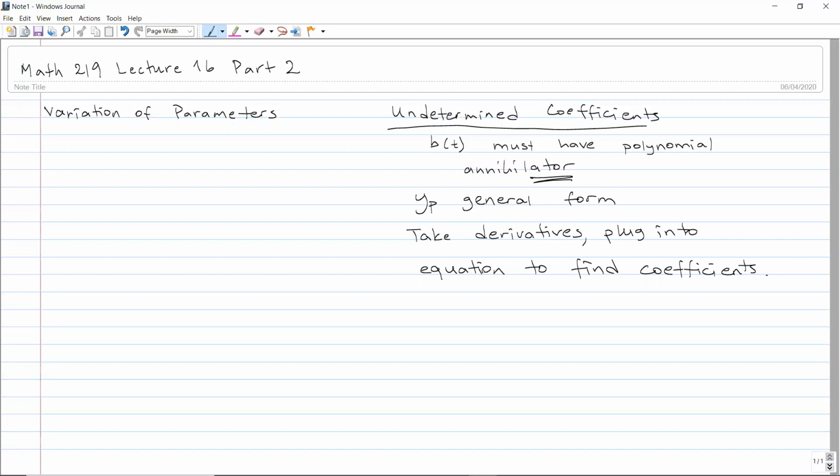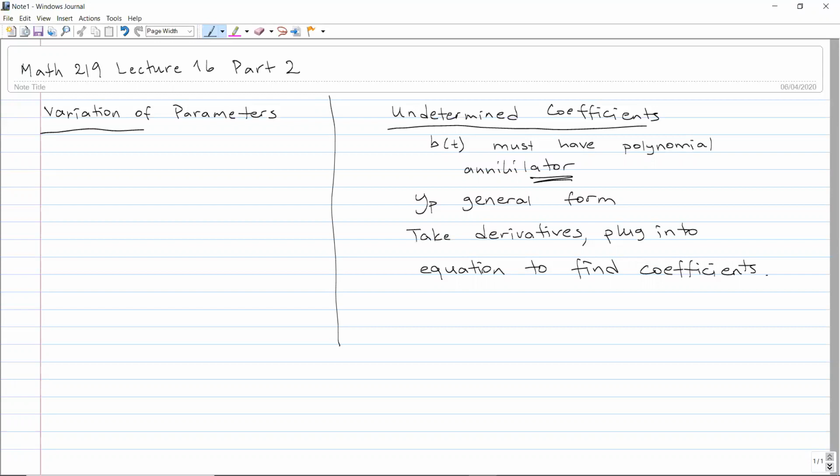And when you're applying the method, in this case, you take derivatives. Then plug them into your equation. You get certain linear equations in terms of the coefficients, and you solve those equations to find your coefficients.